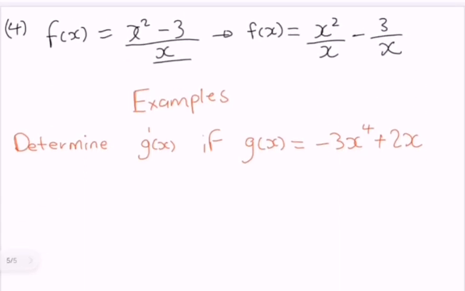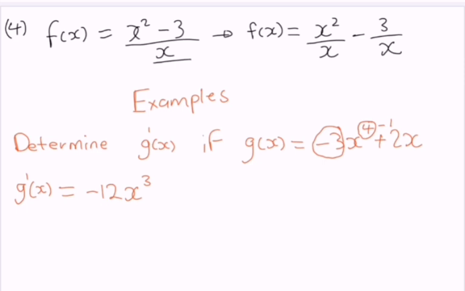Then you should just use the basic power rule to solve this question. Then the first derivative of g is equal to 4 multiplied by negative 3, which is negative 12, x to the power of 4 minus 1, then it's 3.